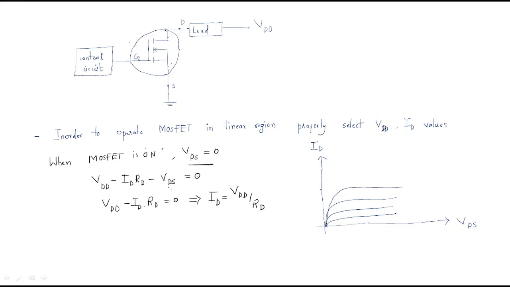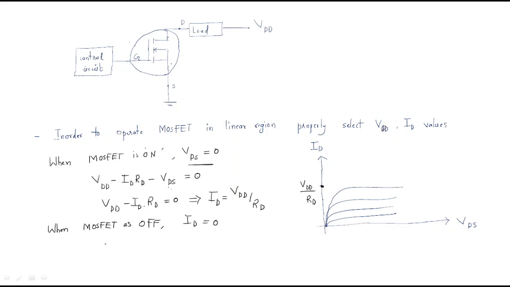I will locate this point: VDD by RD. When the MOSFET is an off switch, the drain current is 0. There is no drain current.